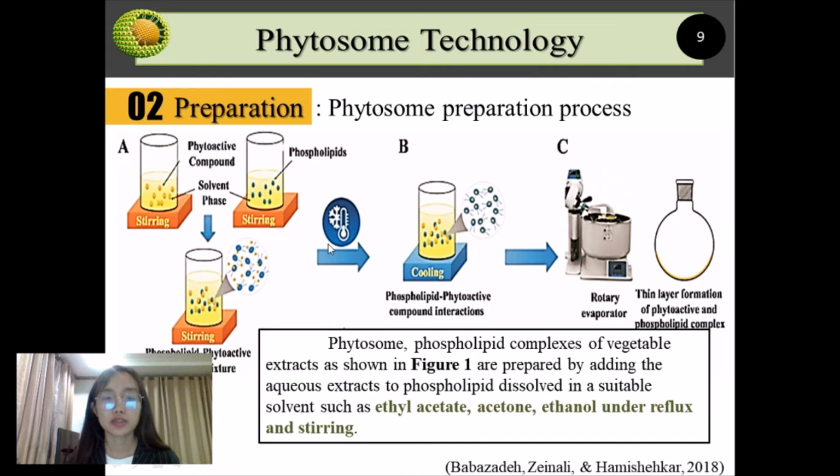And next, temperature test. B. After phospholipid and phytoactive compound interaction, evaporating using a rotary evaporator, a thin layer containing a conjugate complex of phospholipid and bioactive compound is formed in the bottom of the flask.